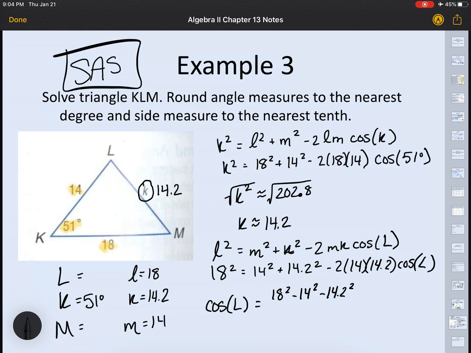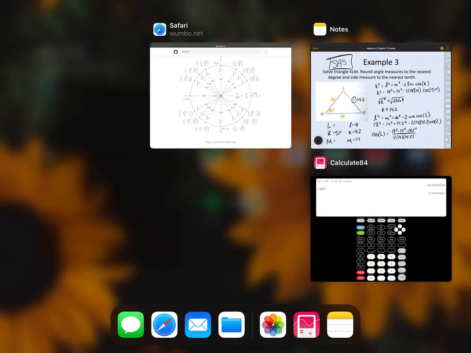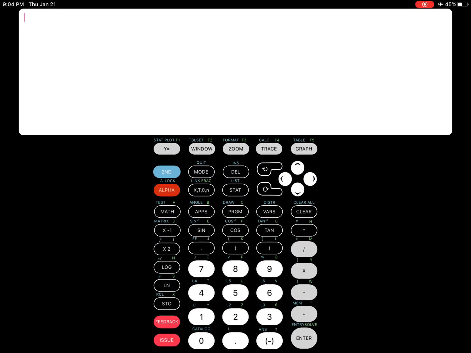Then we had to divide it all over negative 2 times 14 times 14.2. So that's where the calculator is coming in. So 18 squared minus 14 squared minus 14.2 squared, all over negative 2 times 14 times 14.2.